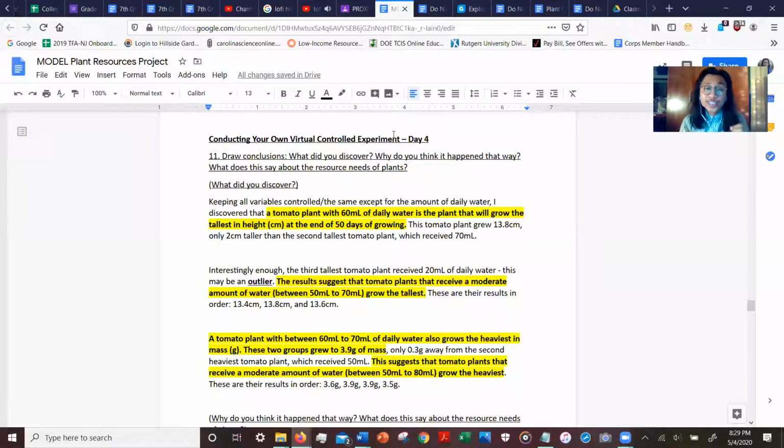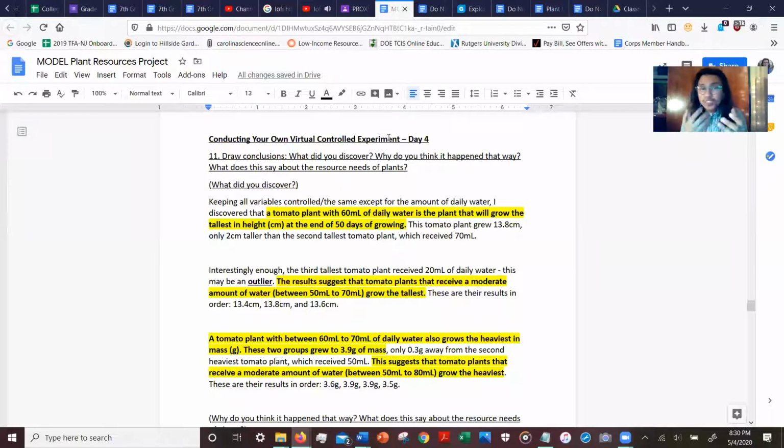If your data shows that 70 and 60 milliliters of water in a tomato plant is the amount of water it needs to grow the most mass, you can interpret that to mean that the strongest plant in terms of mass is the tomato plant that receives a moderate amount of water, no more than 70 milliliters. You can also tell me that the heavier plant is the one that's healthiest. So we should aim to have that amount of water per plant.